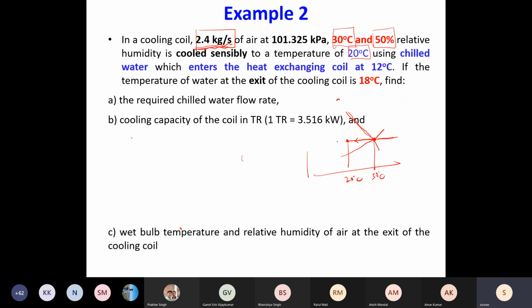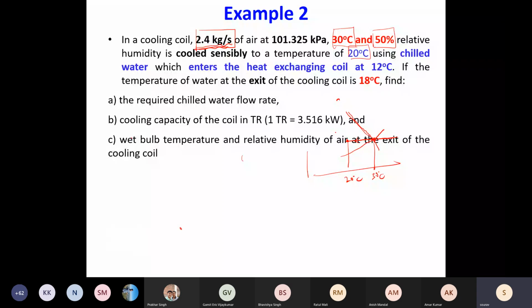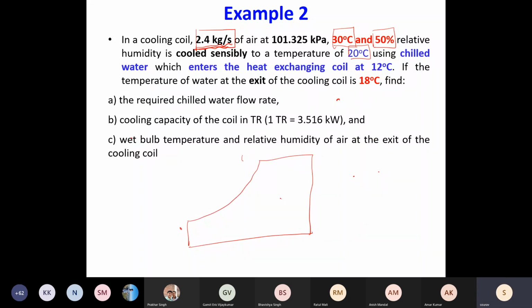And what is the wet bulb temperature and relative humidity of air at the exit of the cooling coil? So it is asked at the exit. This is your initial state. Let's say this is your final state. If you have to find out the wet bulb temperature, you have to follow that dotted line. Wherever it hits the RH equals 100% line, that is your wet bulb temperature.